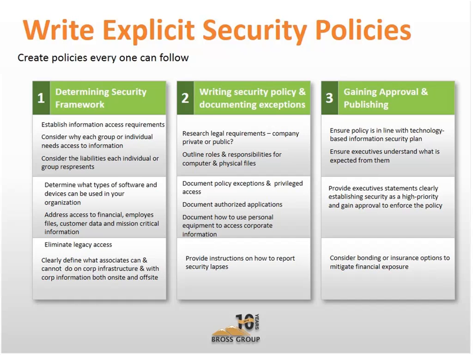And I would say state who has access to financial data, employee files, customer data, and mission critical information, and state why each group or individual needs access to the information. And also state what liabilities each group represents. If an associate has access to this type of data or administrative rights, they should be instructed to ask that the access be removed because they're going to be held responsible if their credentials are used inappropriately.